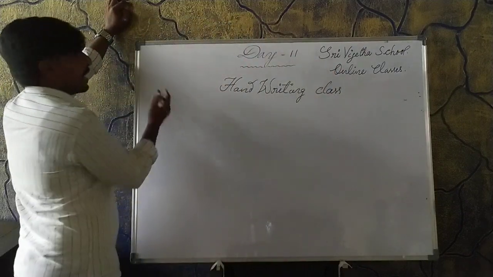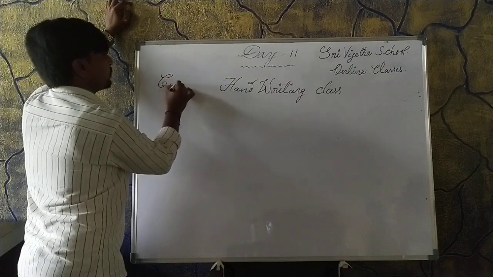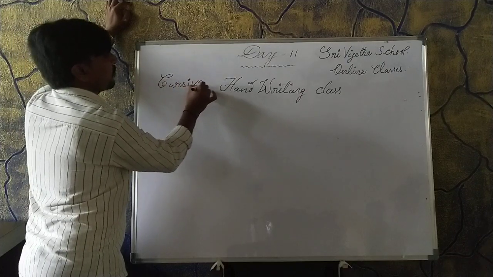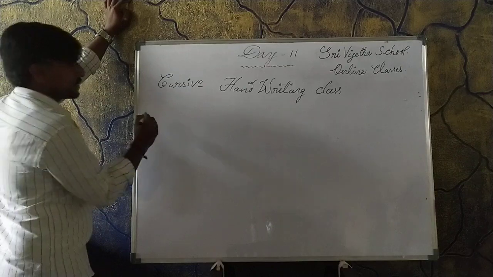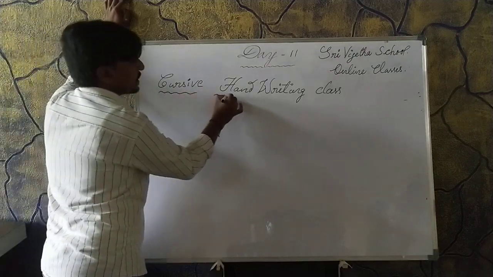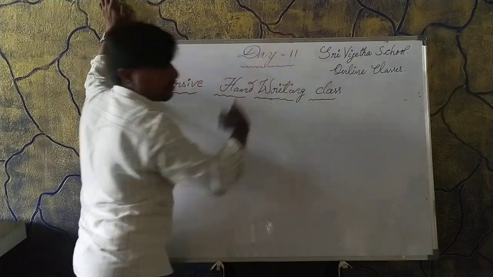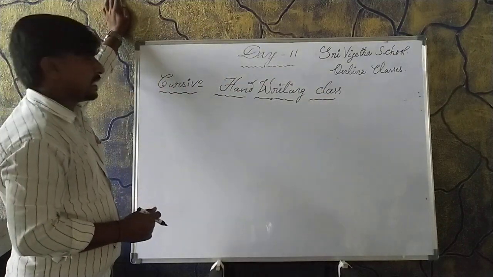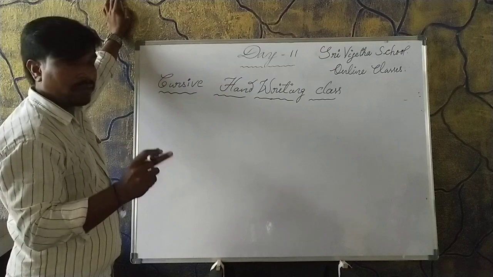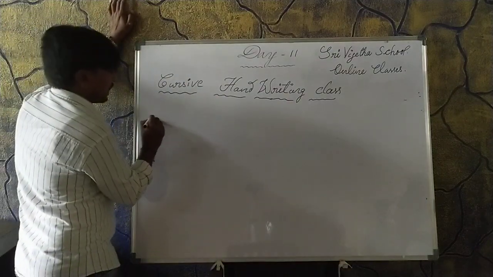In the cursive handwriting class, first we will make the capital letters. You know, in English handwriting copies there are 4 lines. Look.